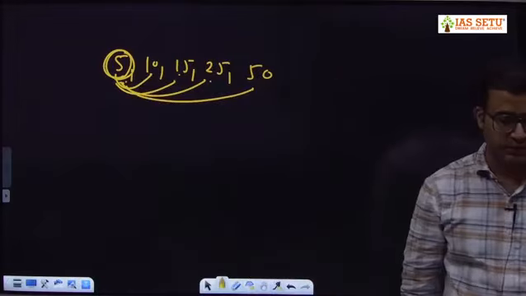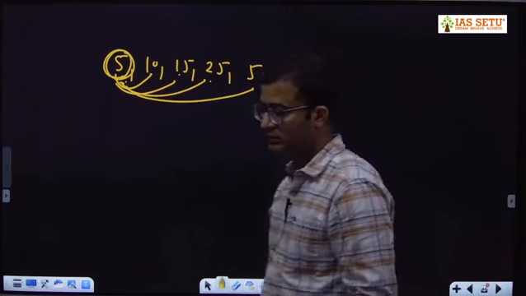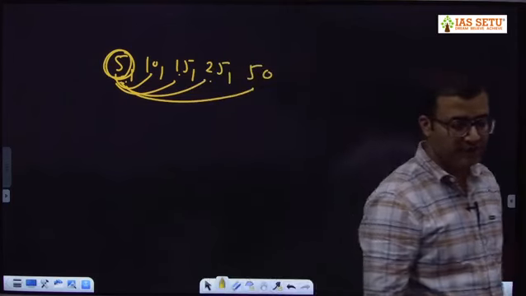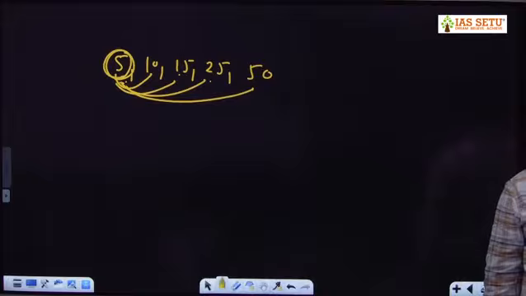Do you write? If the smallest number is a divisor of all the remaining numbers, then the smallest number itself is the HCF.